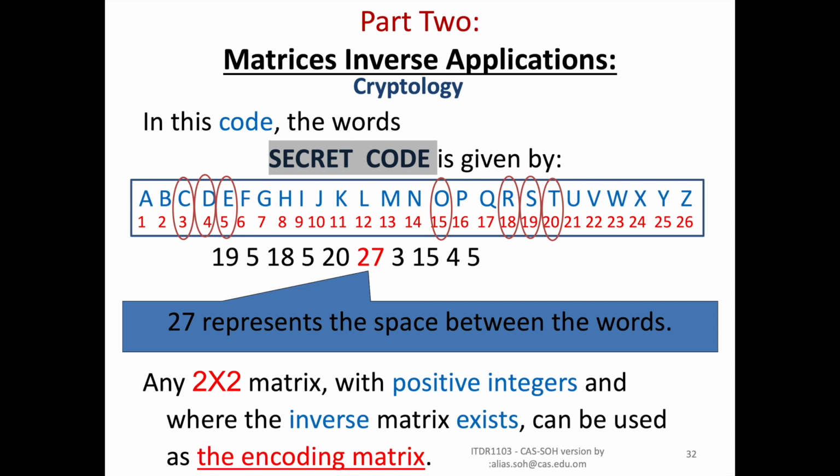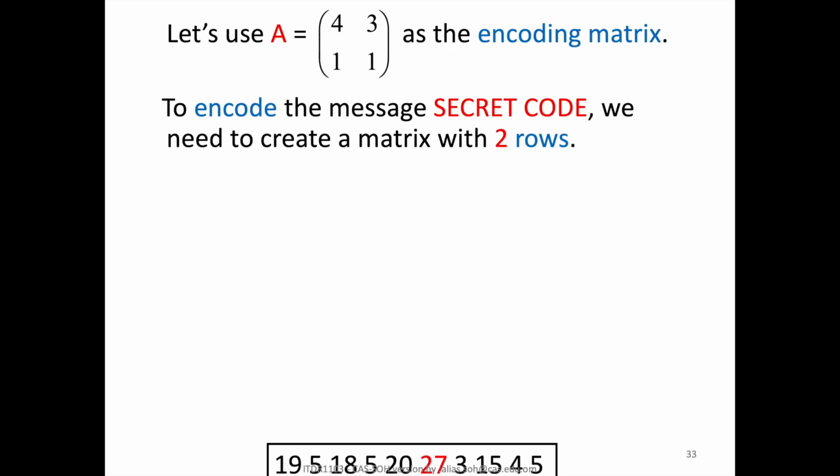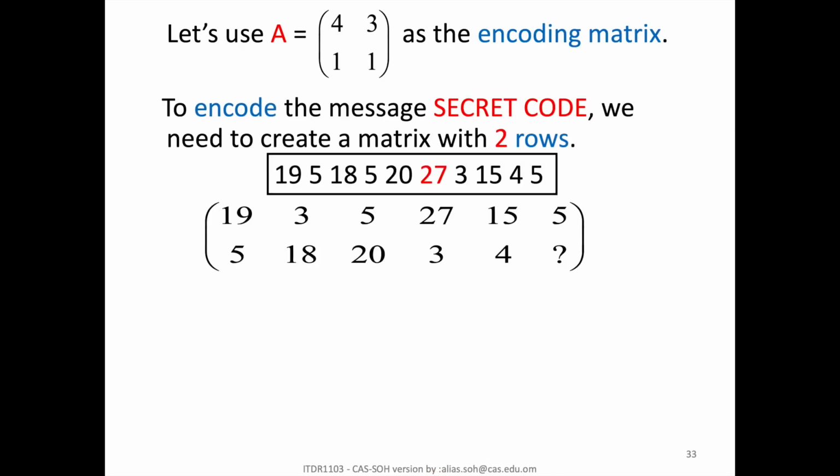Alright, so now we need to convert those positive integers to a 2 by 2 matrix that will be used to encode the message. But before, we just need to convert those numbers to a matrix. So we put them in 2 rows.